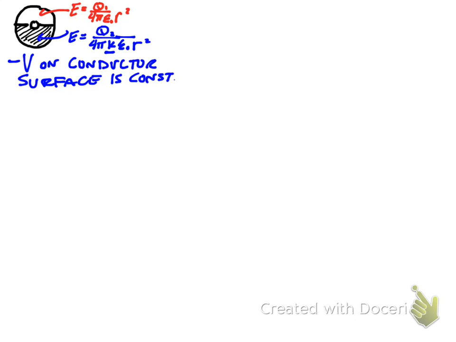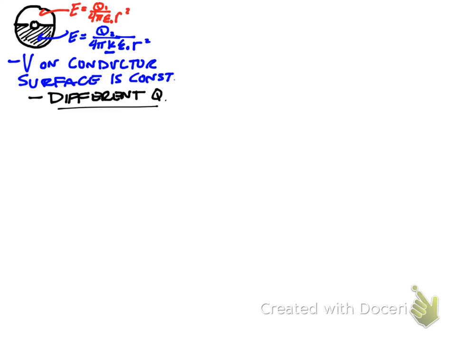Now, because the voltage on this conductor surface is constant, we're stuck with a different Q on each little bit. So the part with the dielectric is going to hold more Q than the part without the dielectric. That's what inserting this has done.